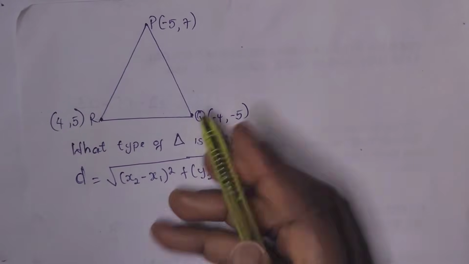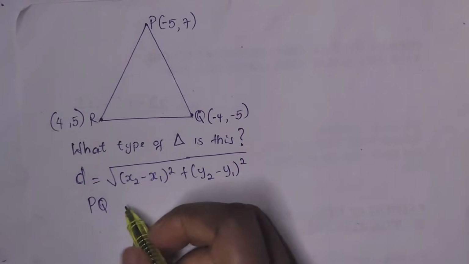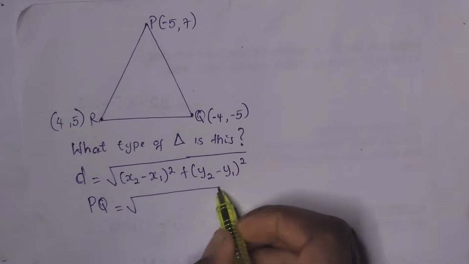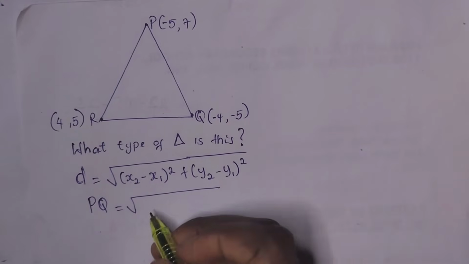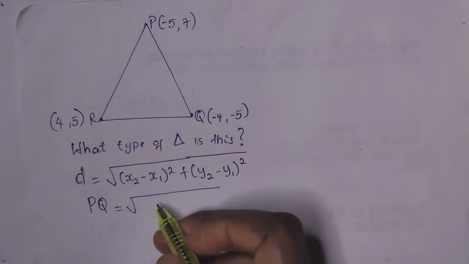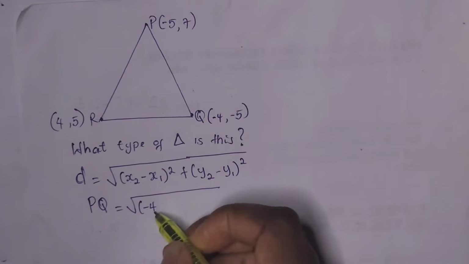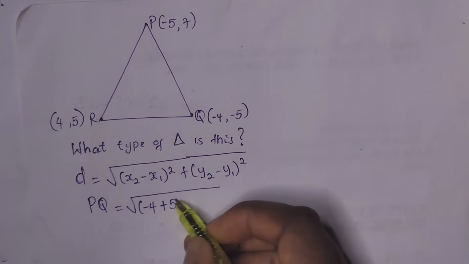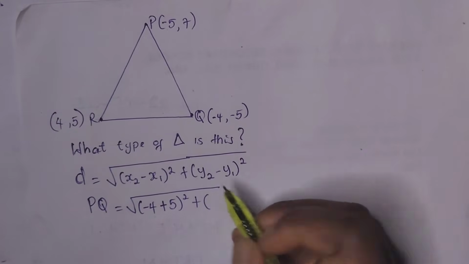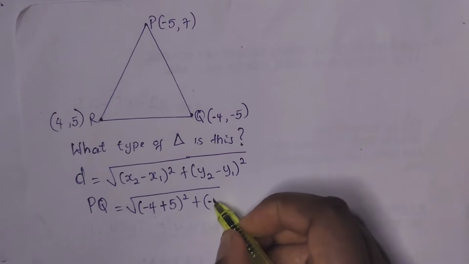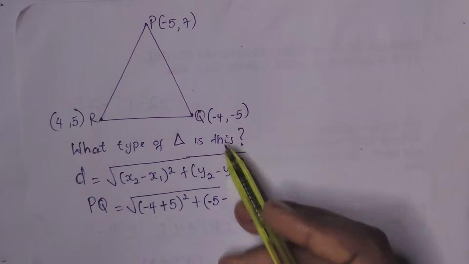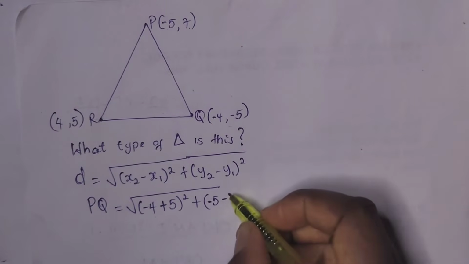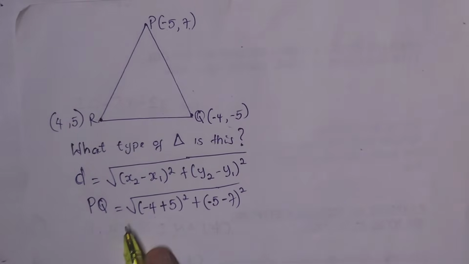So for PQ, we have PQ equal to, so our x2 now becomes -4 minus our x1, which is -5, which is +5 now, all to the power of 2, plus our y2 which is -5 and our y1 which is 7, all to the power of 2.